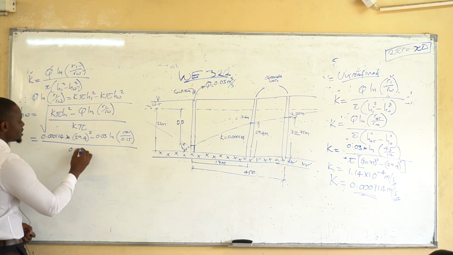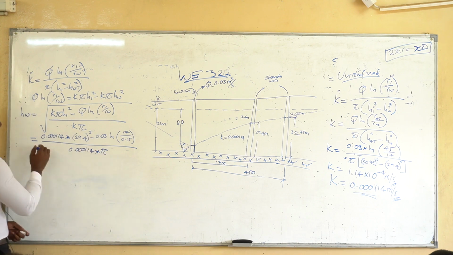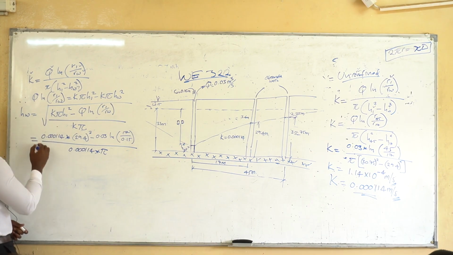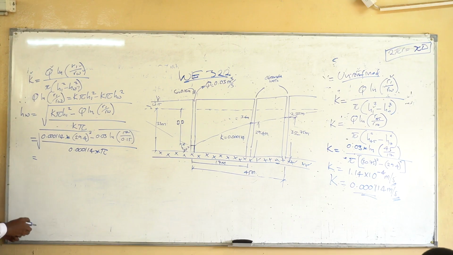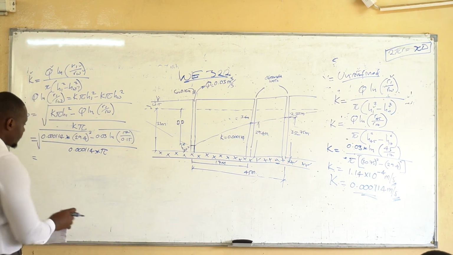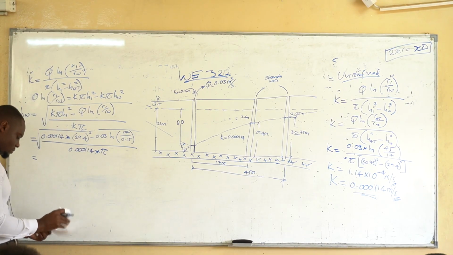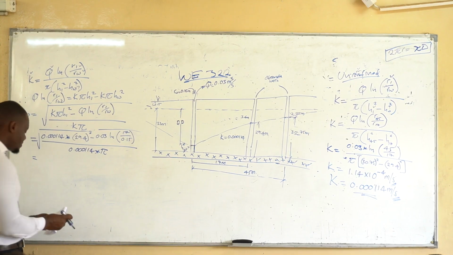So our 0.00114 by pi. Okay, we ate into this space. So if your math is correct, what did you find as your HW? How much? 21.65. Yeah, this brother has been accurate.